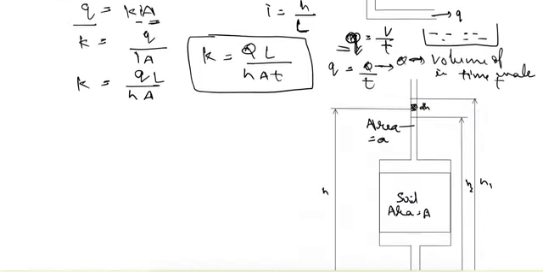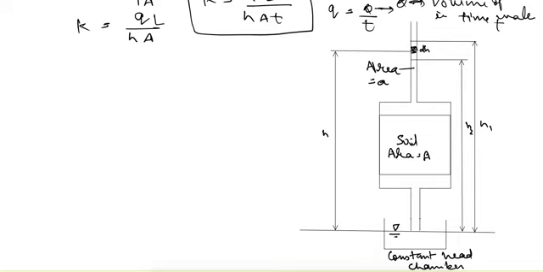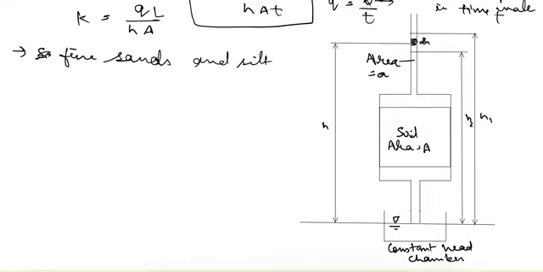Now let's see the variable head or falling head test, as it is called. It is suitable for fine sands and silt, for which the permeability is very low. In this case a soil sample, usually the soil sample which is taken from the field, is used directly.